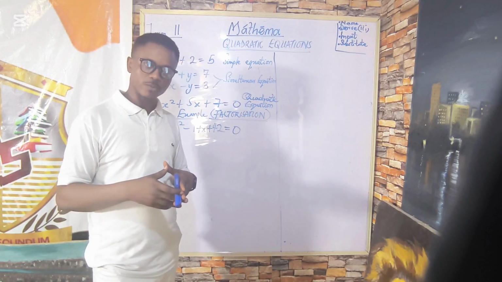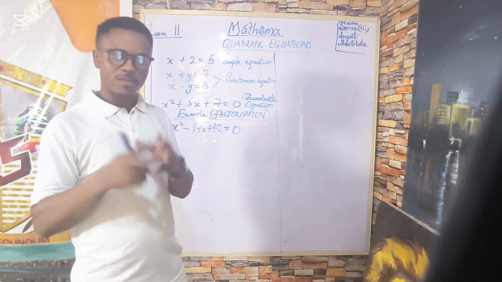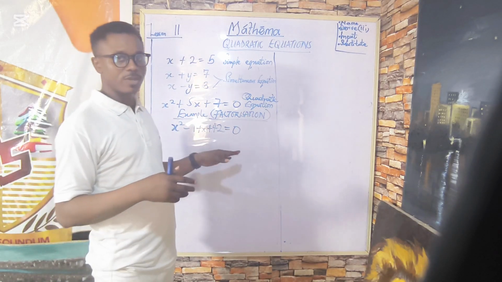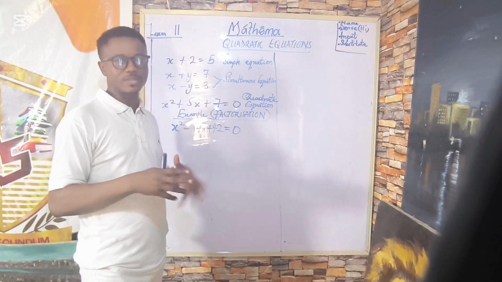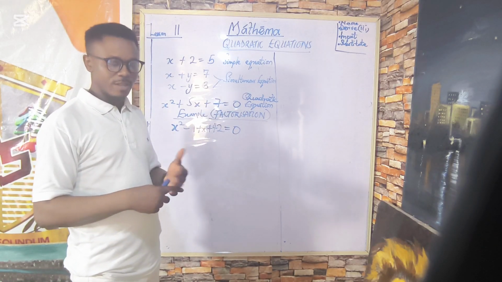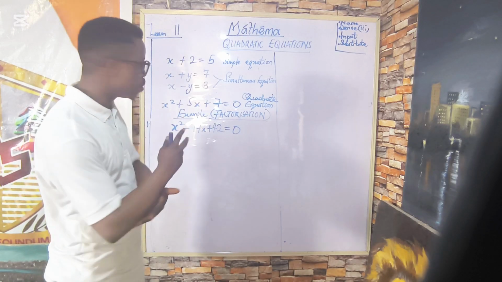And the fourth one is the graphical method. But for the sake of this solution, we're going to be focusing on the factorization method. In subsequent videos, I will be releasing completing the square and the formula method, including the graphical method.